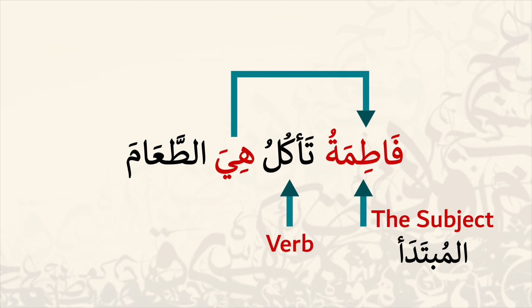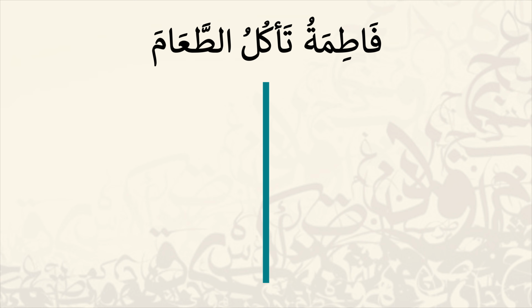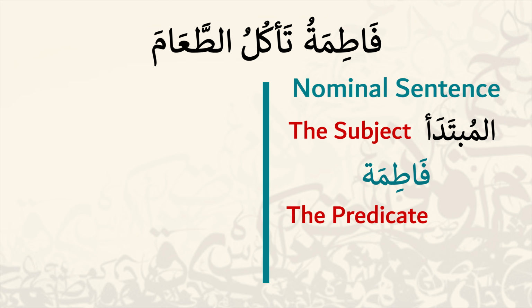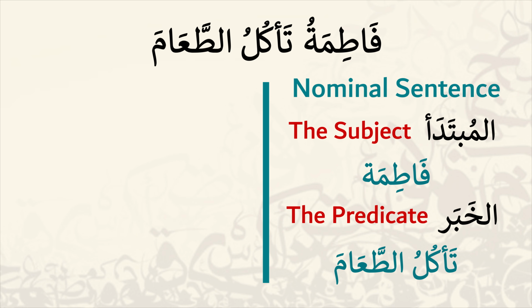So it's possible here to have a verbal sentence inside a nominal sentence. The nominal sentence is فاطمة تأكل الطعام. The subject المبتدأ is فاطمة, and the predicate is the complete verbal sentence تأكل الطعام.